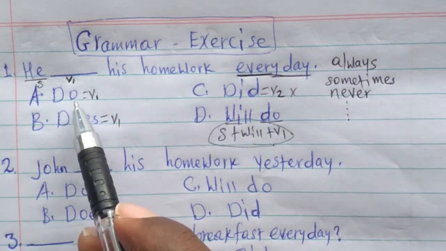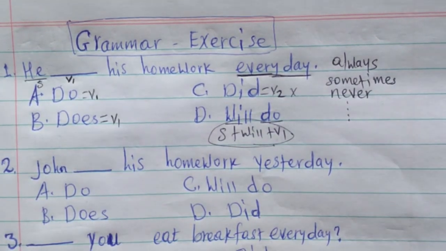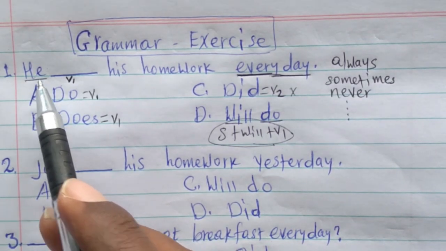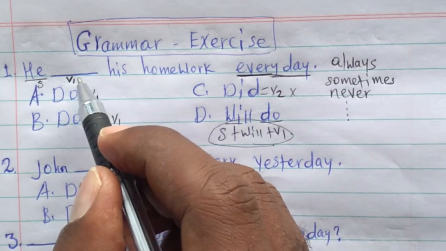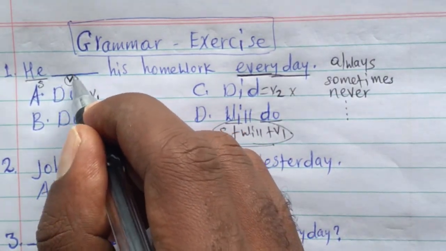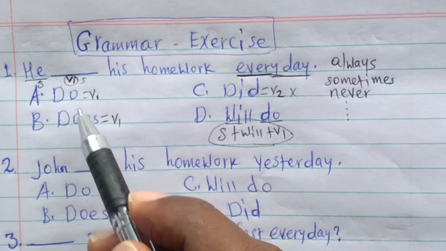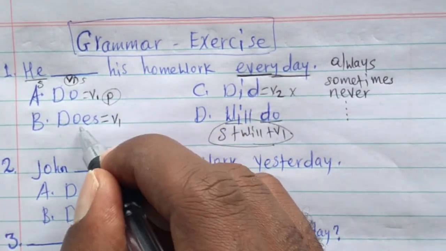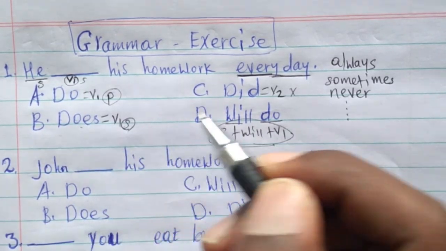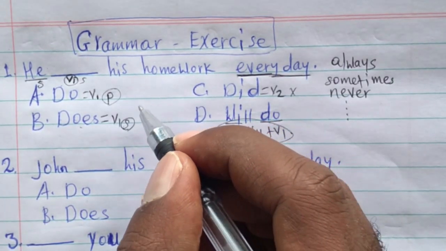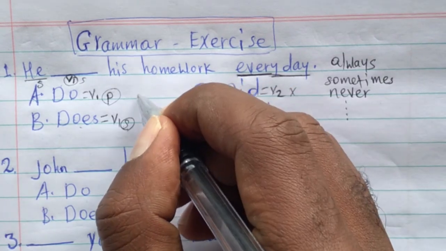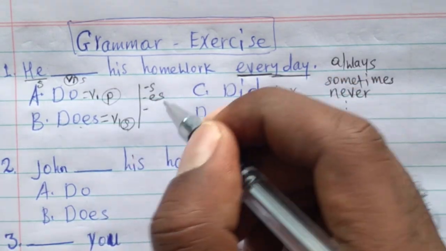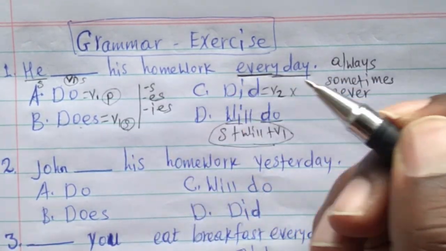So let's compare and contrast do and does. Here the subject he is singular, so the verb here must also be singular. When we compare do and does, do is a plural verb and does is a singular verb. So how can we form singular verbs? Singular verbs can be formed by adding s, es, and ies, right?